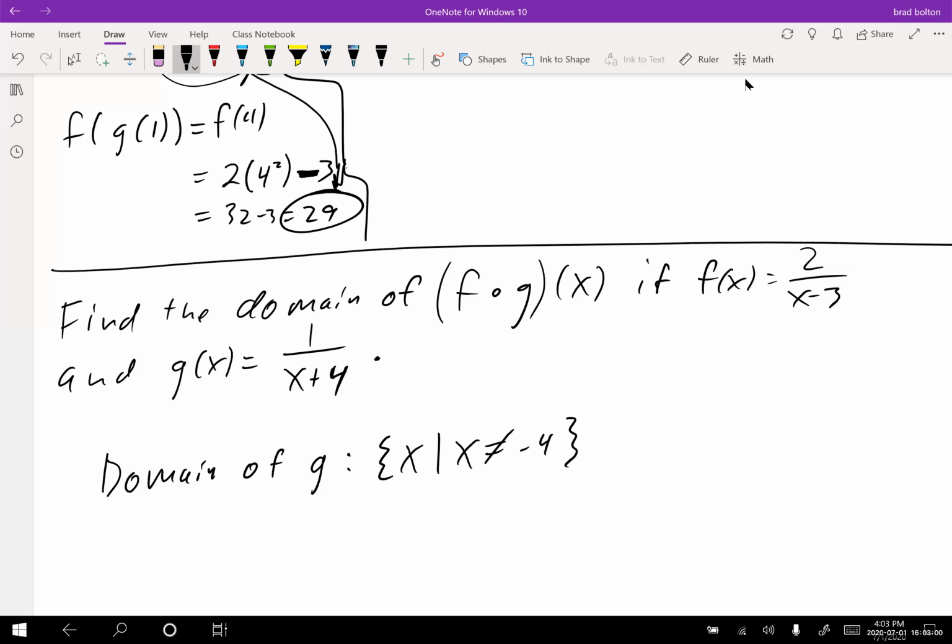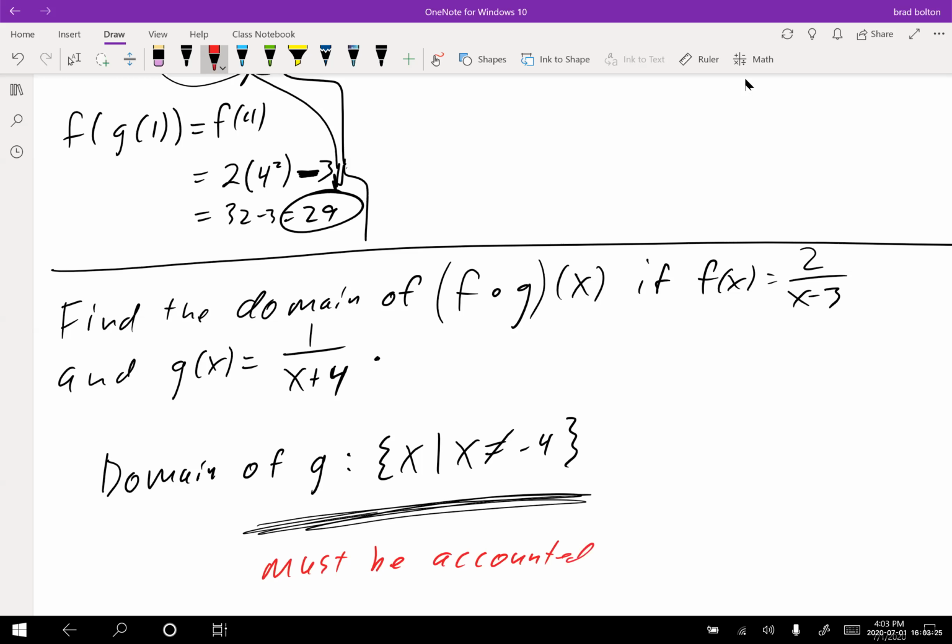So that means that no matter what we do, we can never plug negative 4 into this problem, because if we did, it would break g, right? So then how can we plug in negative 4 into f of g of x? Because remember, you originally have to plug into g, then whatever you get, you plug into f. So that means the domain of g has to be accounted for. But we haven't found the domain of the composition.